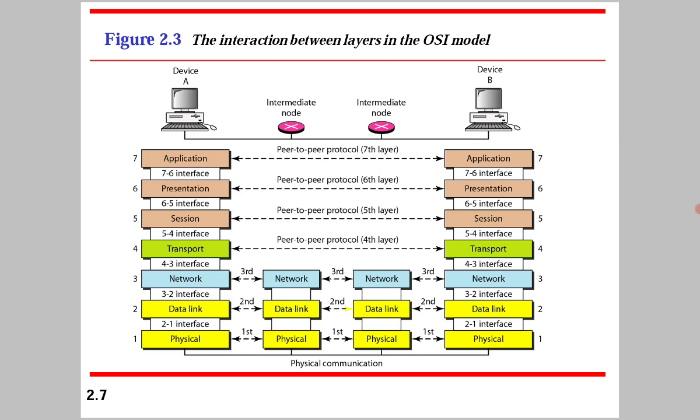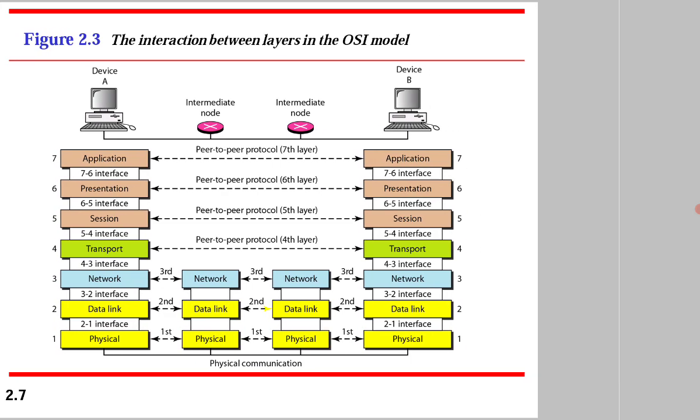The OSI model is developed such that each layer is designed to provide services to the upper layer. Physical layer provides services to data link layer, data link layer provides services to network layer, and network layer provides services to transport layer, in that way. So this is the working of the OSI reference model.